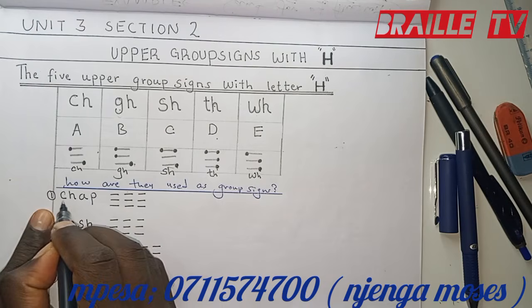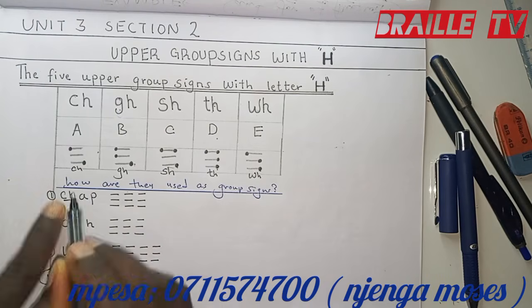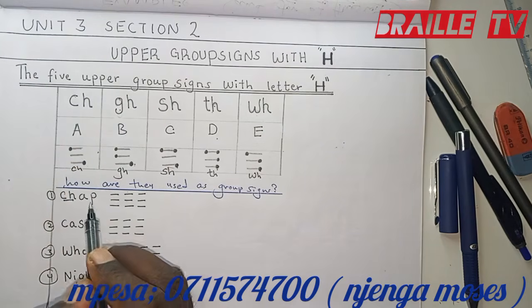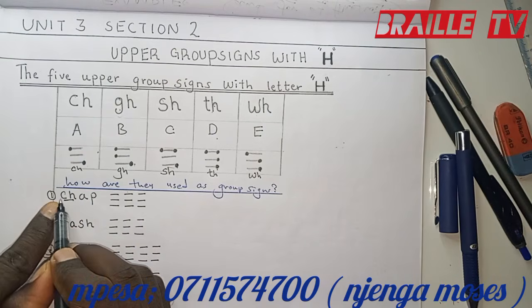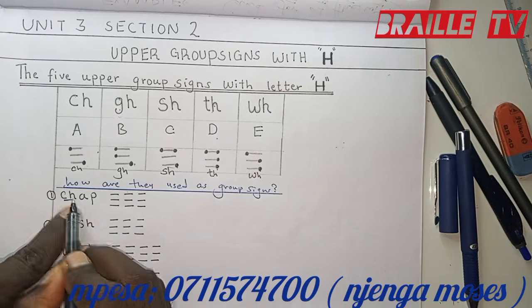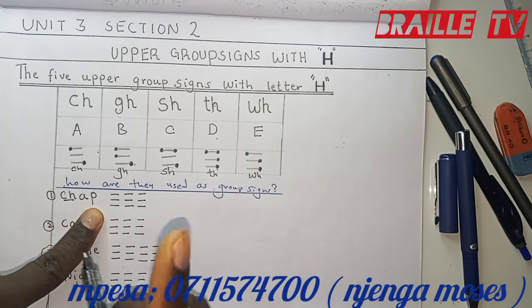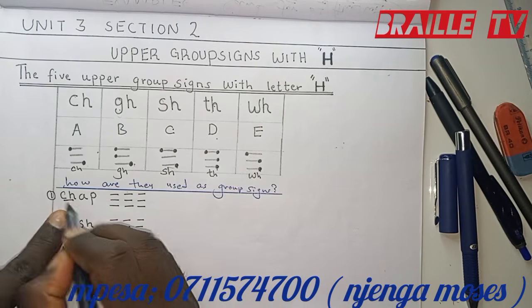In this case we have CH, which we have seen is dots 1, 6. Teachers, do not make the mistake of writing letter C, letter H, letter A, and letter P in Braille. It is not wrong, but you are supposed not to use that, because now we need to contract CH.